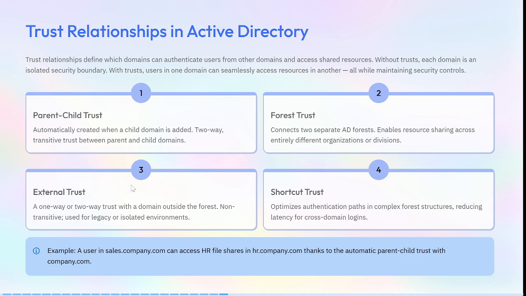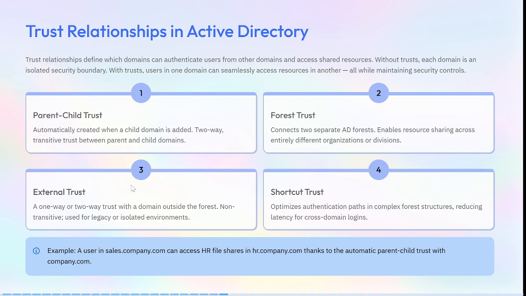So there is a two-way transitive trust relationship, which by default will be added. So whenever you create users in the child domain, that data will be replicated to the parent domain and from the parent domain to the child domain. That two-way transitive trust relationship will be there.